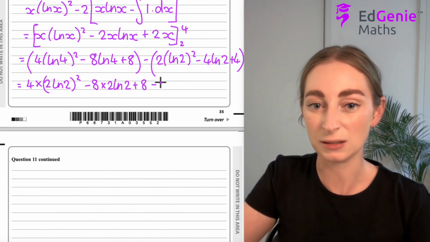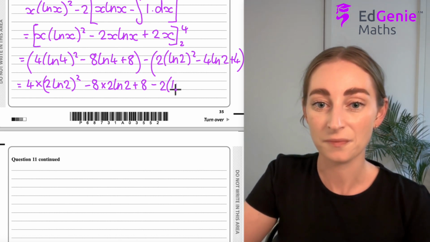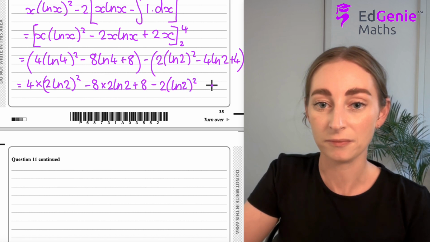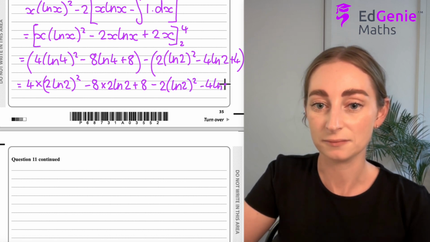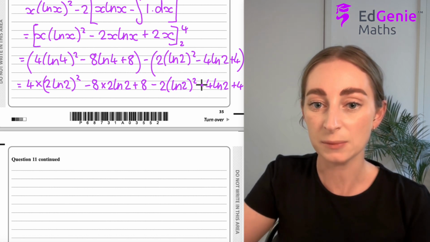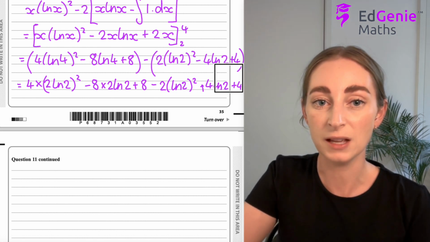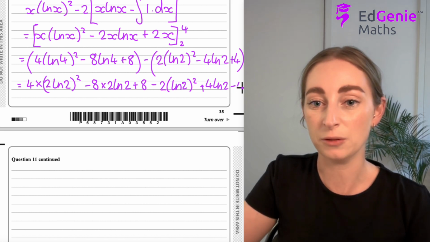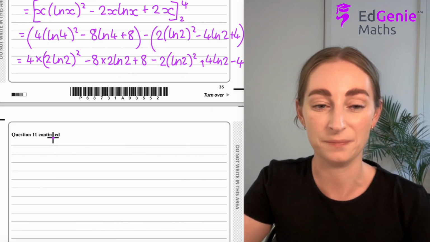This is all right because it's already in that form. Oh, let's just be careful about our negatives. So negative times a negative, so that's going to be positive. And then over here, negative times positive 4, so it's going to be negative 4.